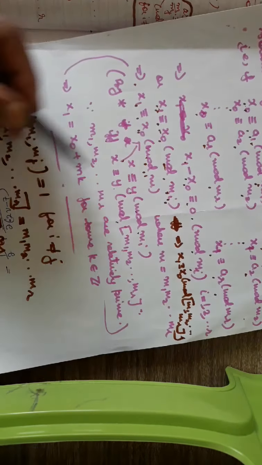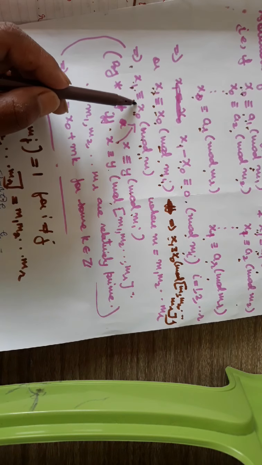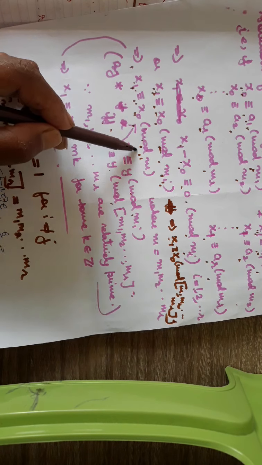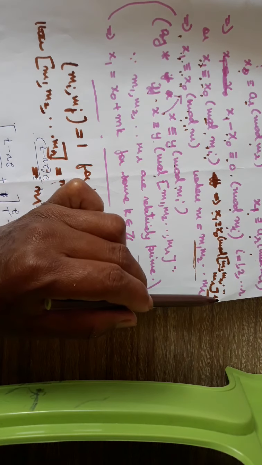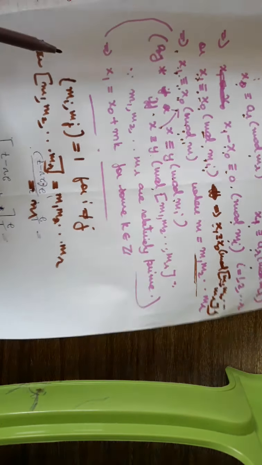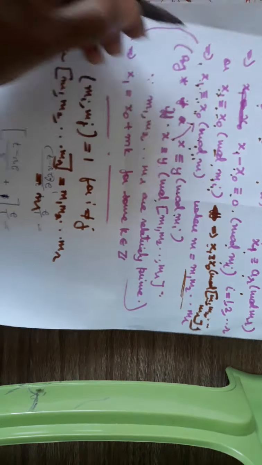So therefore, using this theorem, it implies that x is congruent to x naught mod m, where m stands for the product of all these, and this is nothing but the LCM of m1, m2, up to mr.